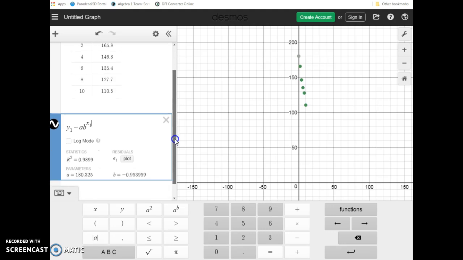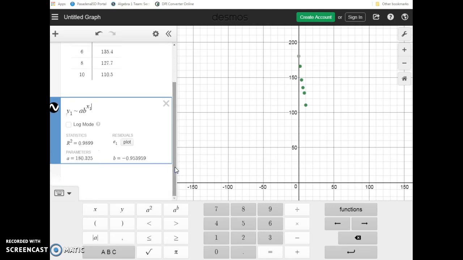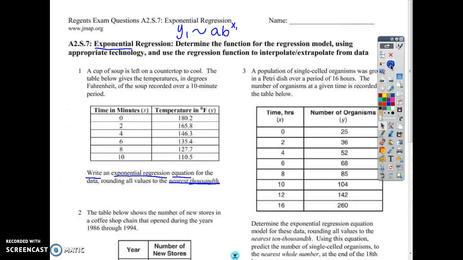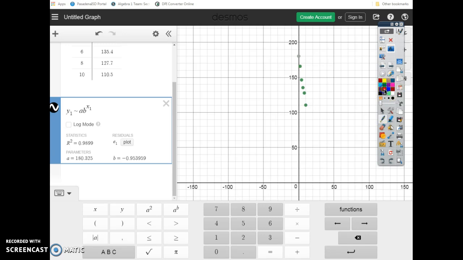Okay, so it gives you the equation. And we're just going to round to the nearest thousandth. So let me get my pen. So this is the tenths, hundredths, thousandths. So this one's already ready. We're just going to use that for your A. And then this one is tenths, hundredths, thousandths.